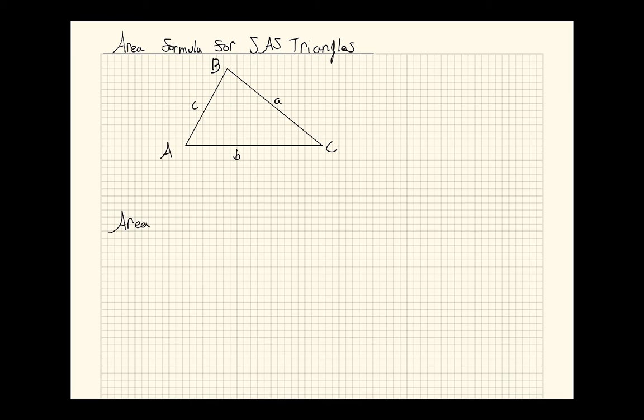We do have another area formula, and it is 1/2 BC times the sine of A. It doesn't necessarily have to be BC sine A. It could be AB sine C. It could be CA sine B. But as long as you have 2 sides, like in this case C and B, and the angle between them, if you multiply that out and divide by 2, that's going to give you the area.